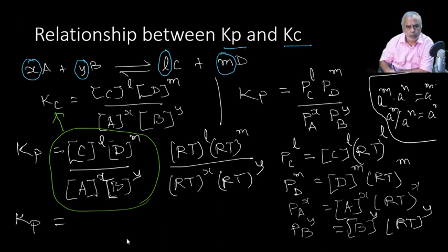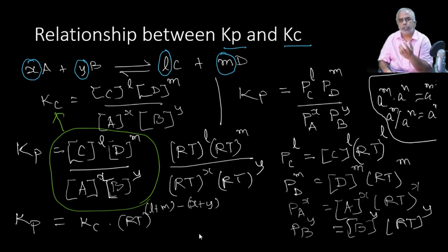So we can suitably replace this by Kc into, and RT is common, we can take RT whole power L plus m, and this one x plus y, when it goes up, minus x plus y. So here, this is the total number of moles of product minus total number of moles of reactant, which is nothing but the change in number of moles. We can simply put it as delta n, is it not?